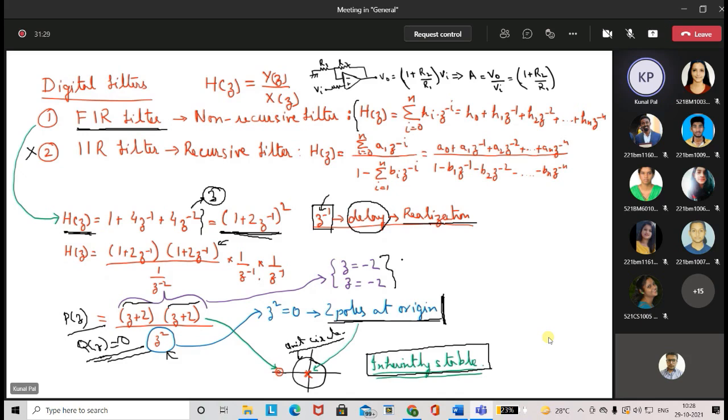So from here we can say that the placement of the zeros helps us in modulating the amplitude response of any FIR filter, because you cannot play with the position of the poles.